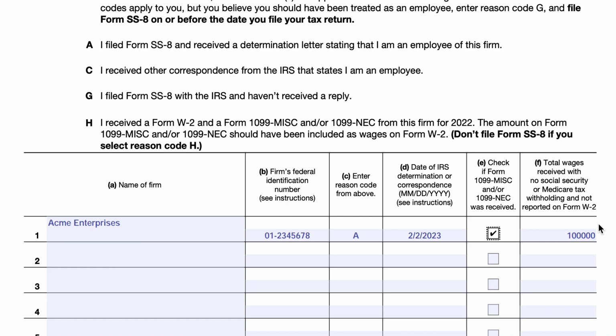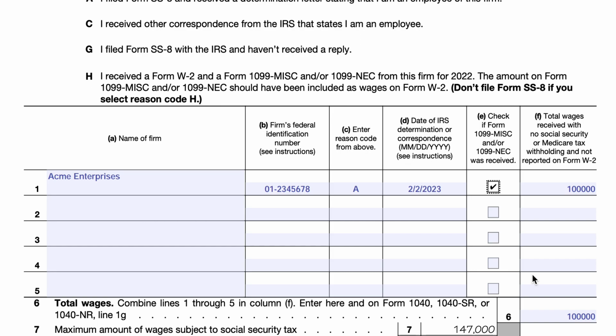And then total wages received with no tax withholding that was not reported on W-2, $100,000 for the tax year. If he were working for more than one company, he would repeat these for as many lines as necessary. This is the only company, so we're going to total everything up in line 6.